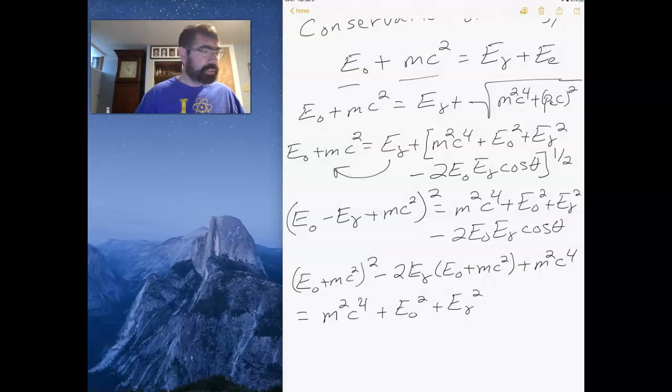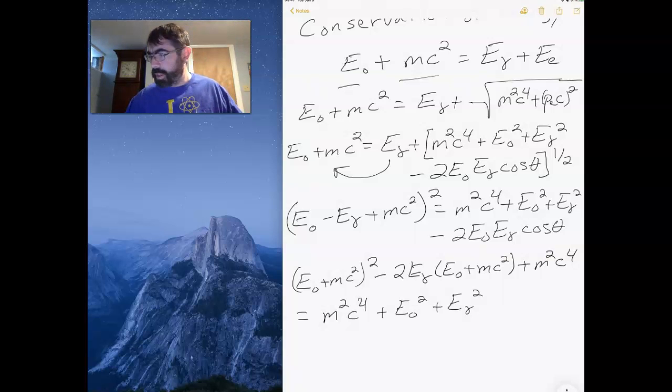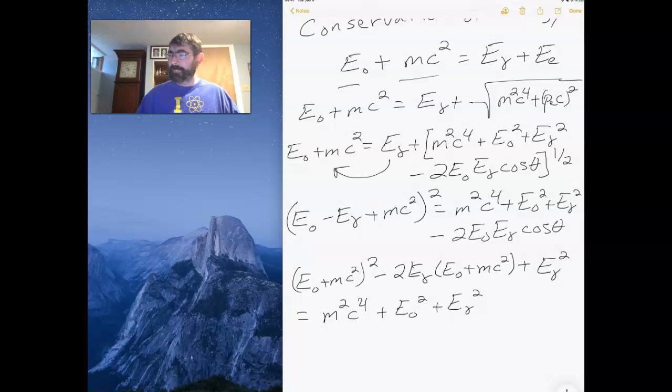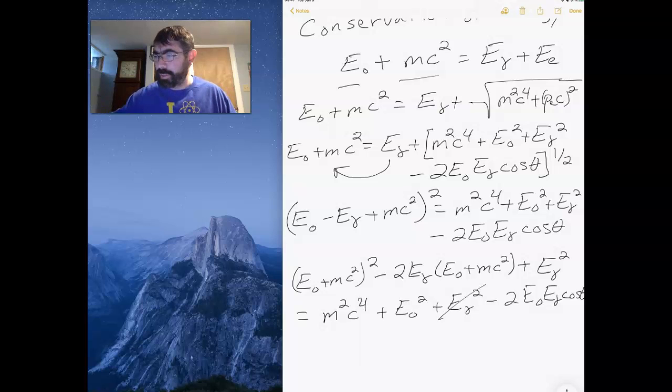Wait a minute, sorry, that's not there. This is E gamma squared. Anyway, E gamma squared minus 2 E naught E gamma cosine theta. That means I can cancel these two quantities and work out the square of this.